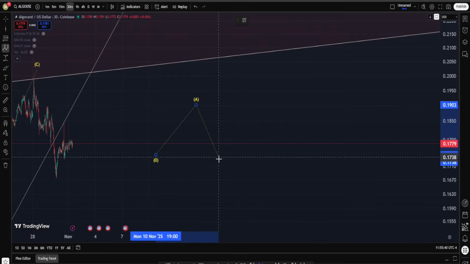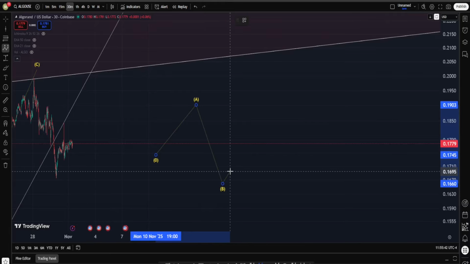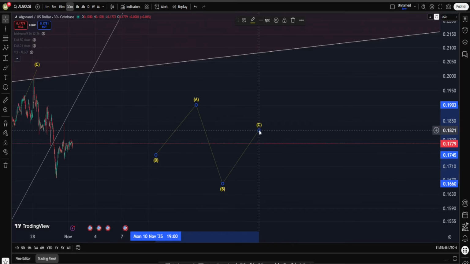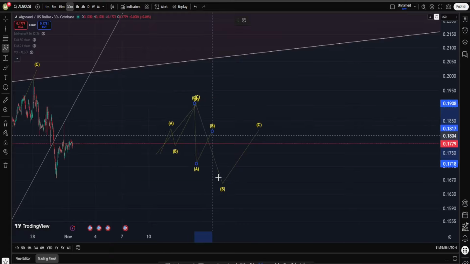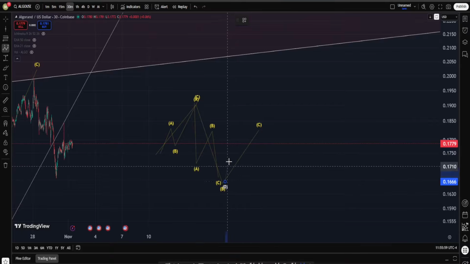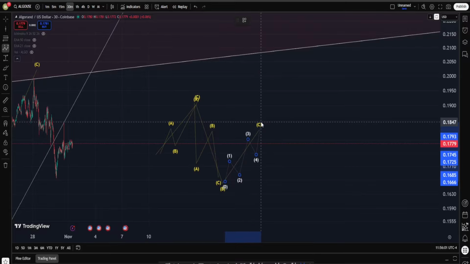This is our initial move up into a correction for wave B, which in it we are going to take this initial low, and then a good move up into wave C, and in it we are not going to take the height of our wave A. And for our subwaves, this time is a little bit different. ABC into A, ABC into B, and yes, a 1, 2, 3, 4, 5 wave up into C.